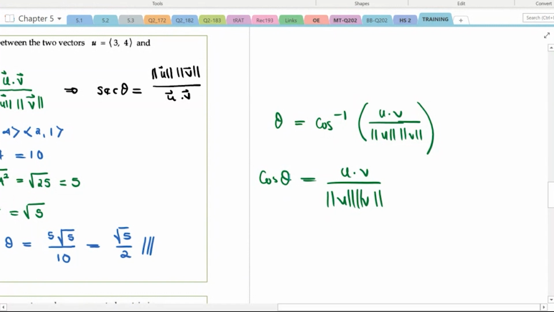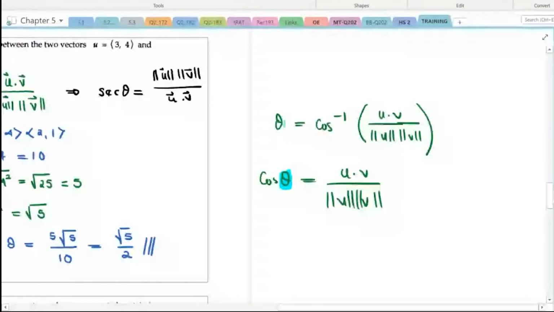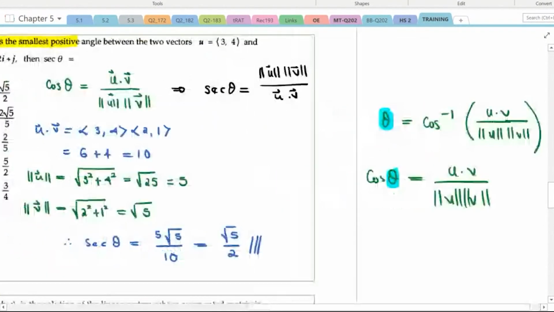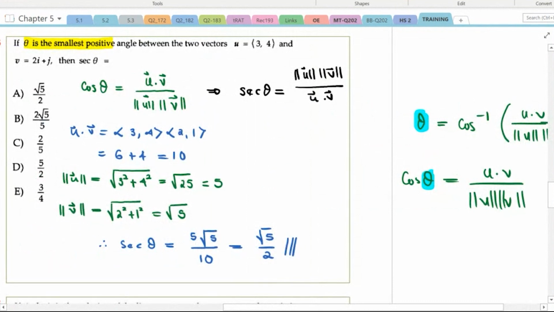Here, theta did not define which angle I'm talking about. But when I take the inverse, then I will know that I'm talking about the smallest angle. Here, this is just telling us that theta is the smallest angle. So whether you have used the bigger angle or the smallest angle, in this question, you're going to get the same answer.